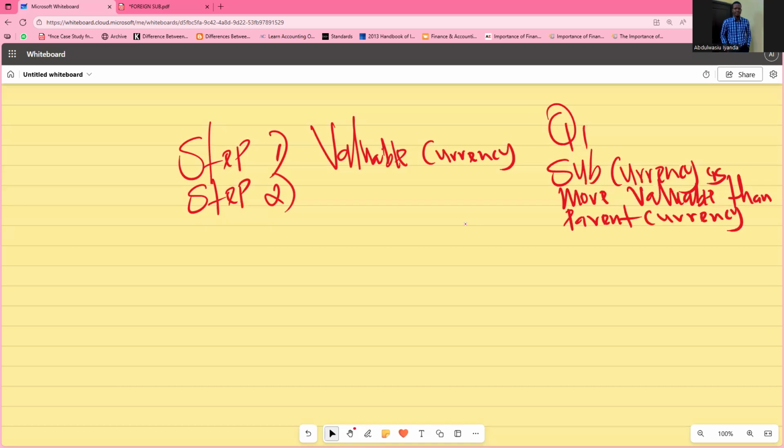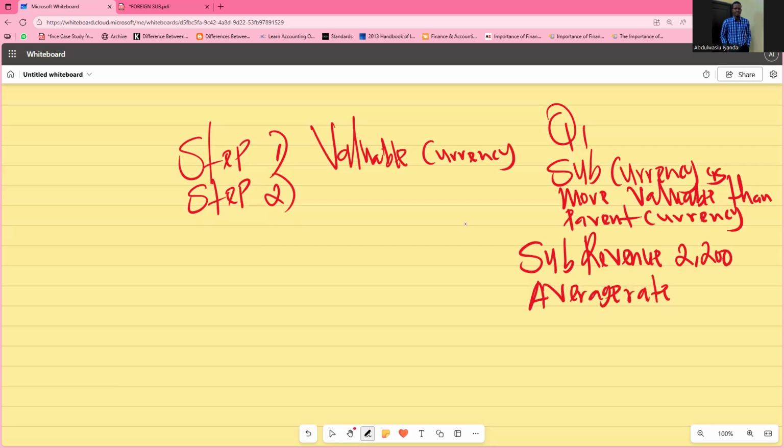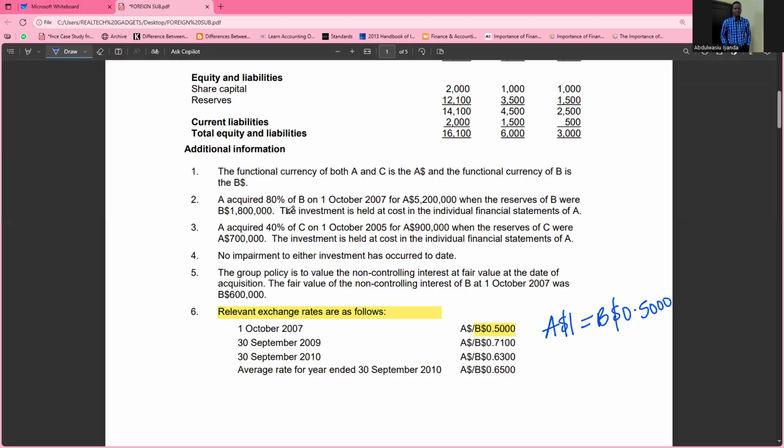And the subsidiary revenue is 2,200. The average rate is 0.65.